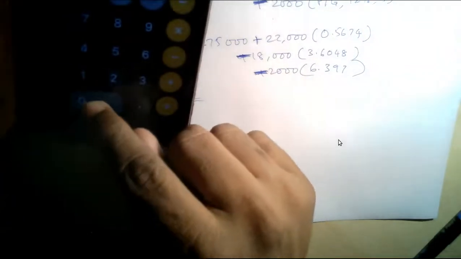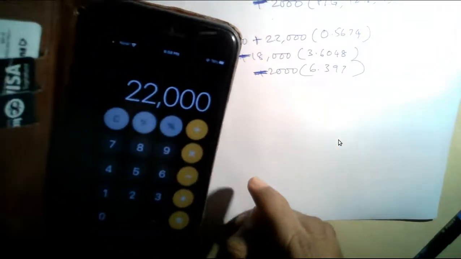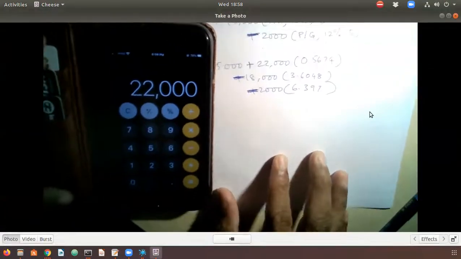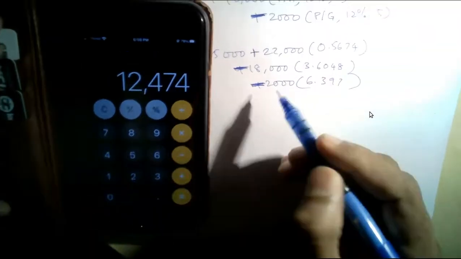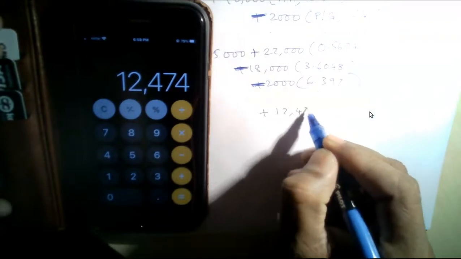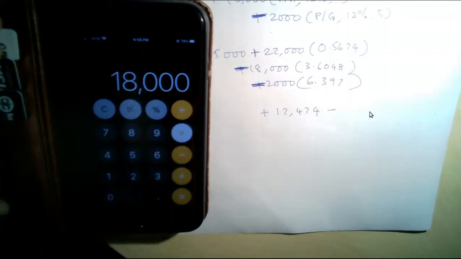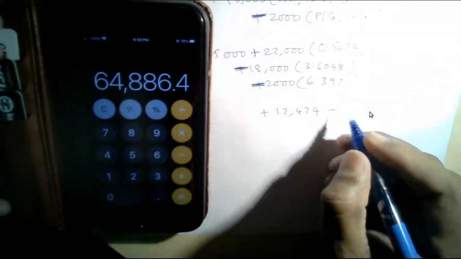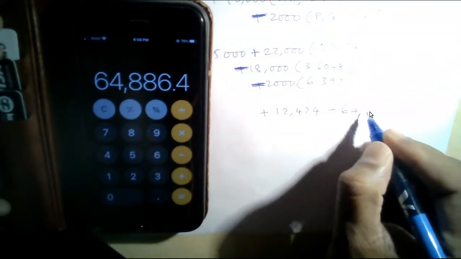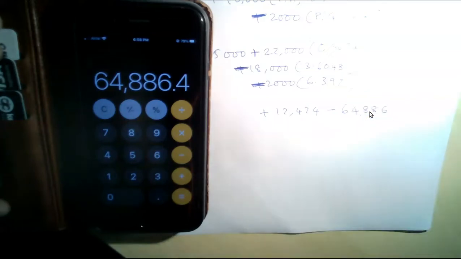Let's quickly calculate. 22,000 times 0.5674, I'll get 12,474. Then minus 18,000 multiplied by 3.6048, I'll get 64,886.